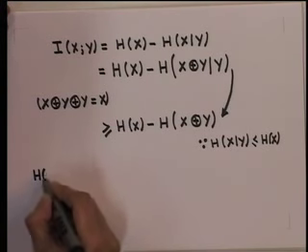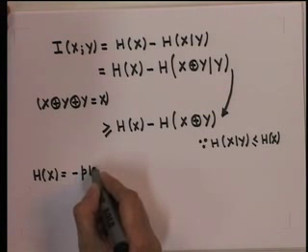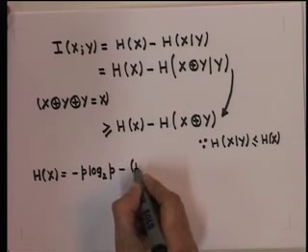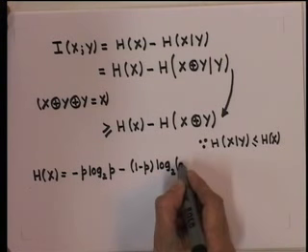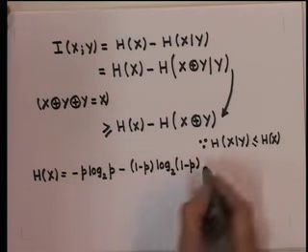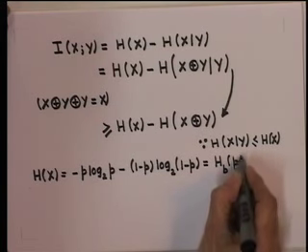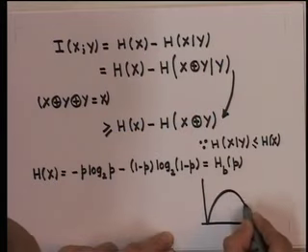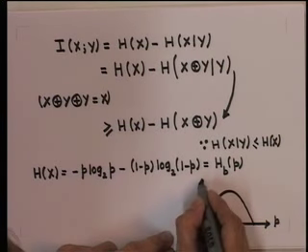Now, H of x is equal to minus p log to the base 2 of p minus 1 minus p log to the base 2 of 1 minus p, and it is indicated as H_b(p). This is a binary entropy function which we had seen earlier, and it is plotted as shown here.